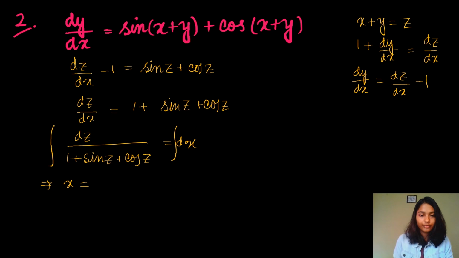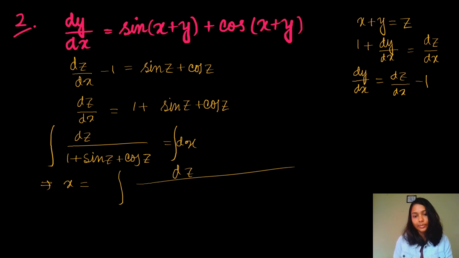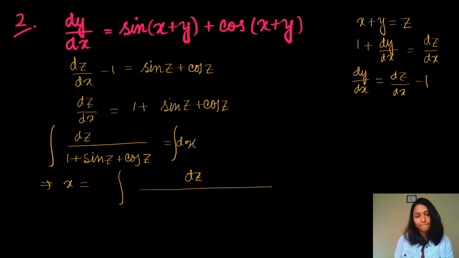So we have dz divided by 1 plus sine z plus cos z.